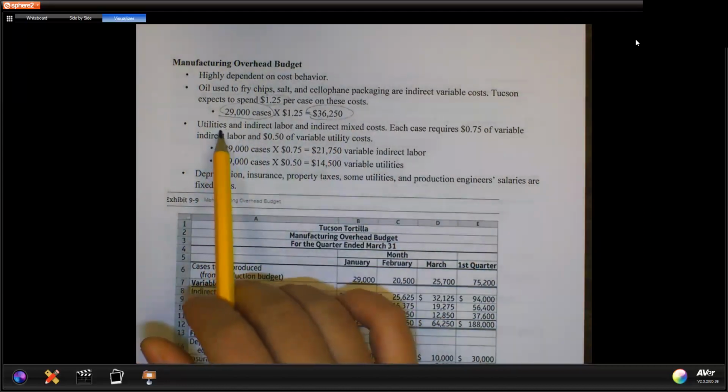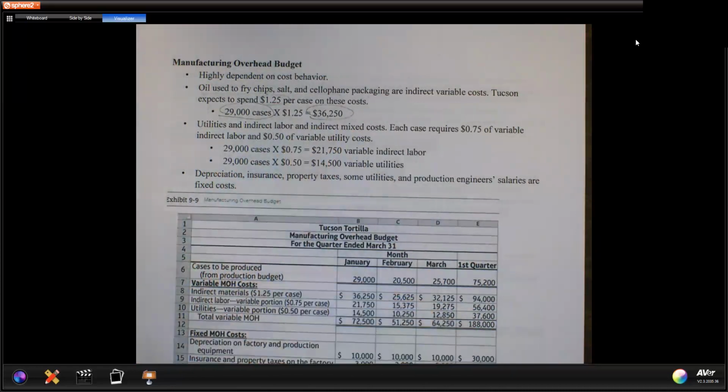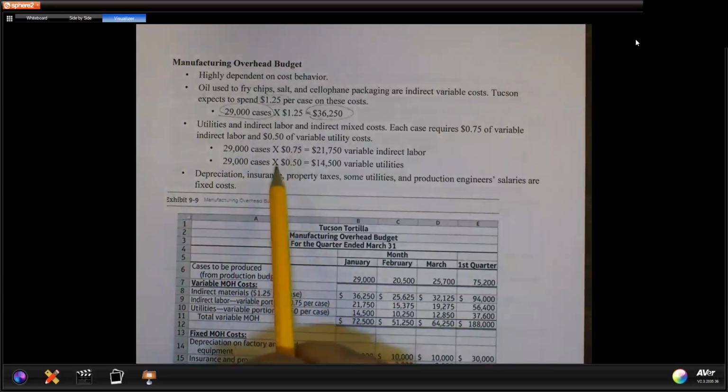And then we also have other manufacturing overhead. We said the utility, indirect labor. Indirect labor is like the supervisor, or the quality control people, or the security guy, where you cannot really directly trace that labor.